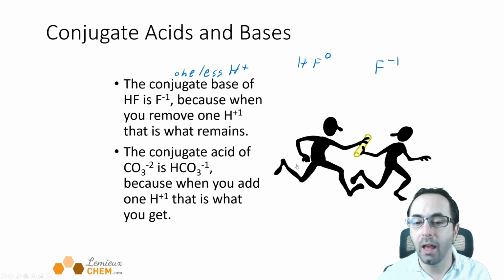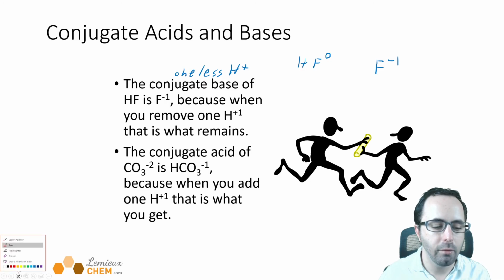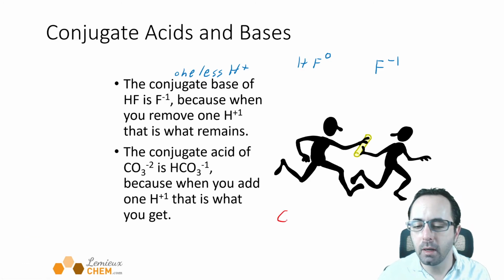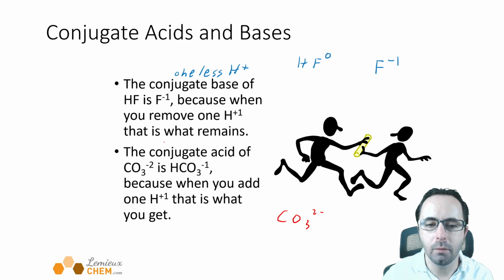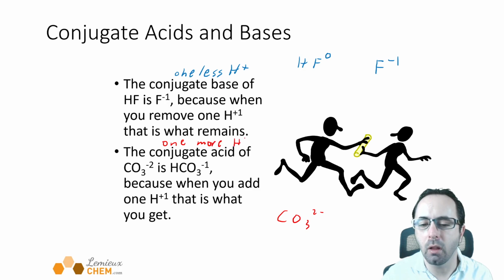What is the conjugate acid of carbonate ion? The conjugate acid of carbonate ion will be what you have if the carbonate gains 1 H+. So conjugate acid means 1 more H+ on it.